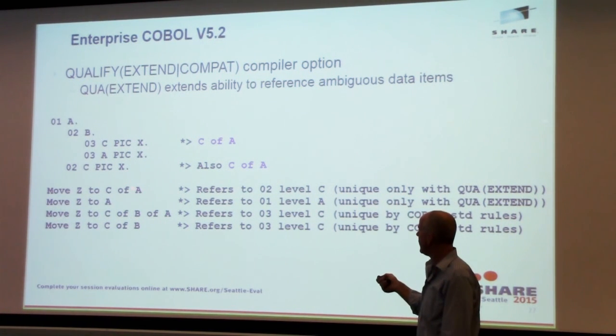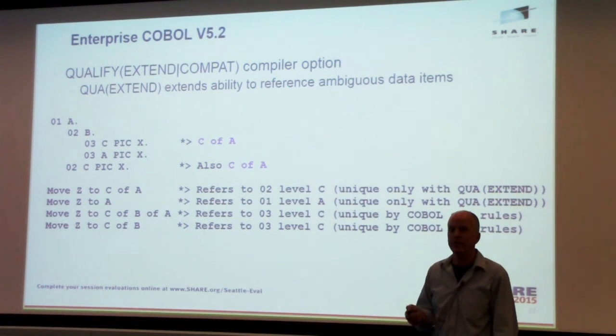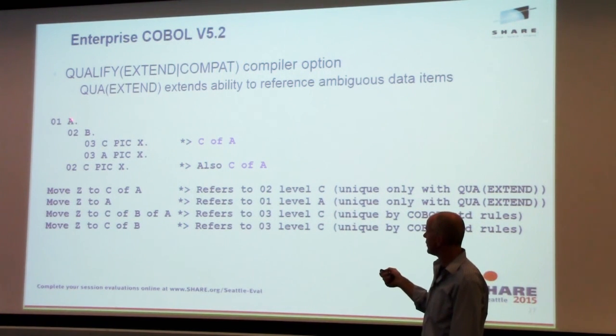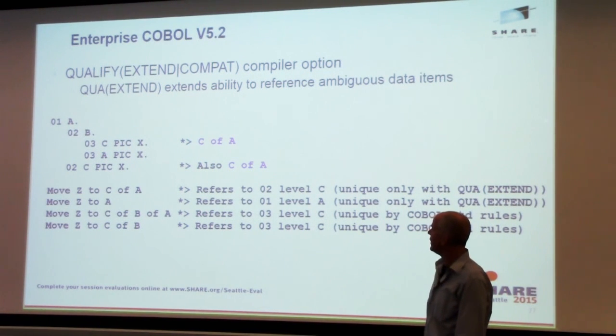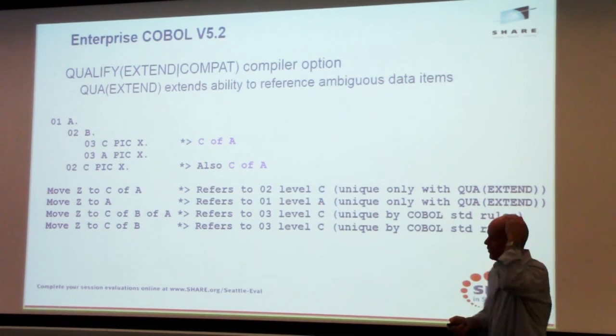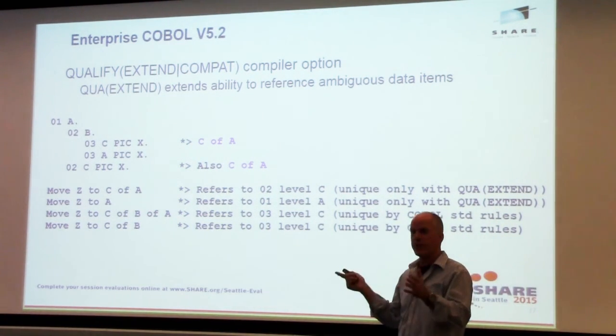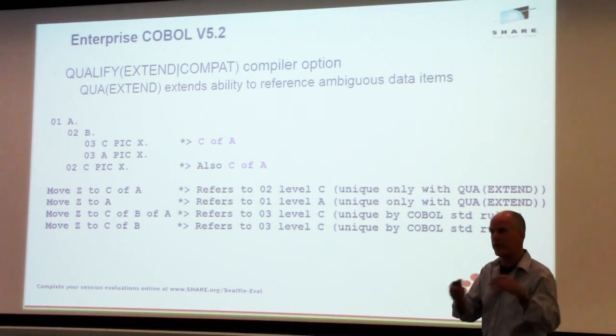So now C of A means this one, the level 2 C. And if I reference A, A is only the complete set of qualifiers for this A. A complete set of qualifiers for this one is A of B of A. So, might be useful, maybe not. It wasn't too hard to do, and it was a user requirement. It came from clients in Germany, and they wanted it, so we did it.